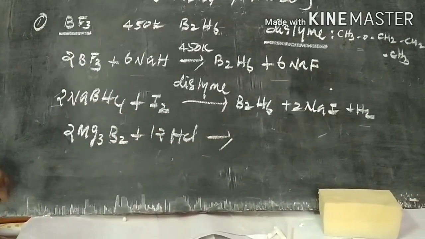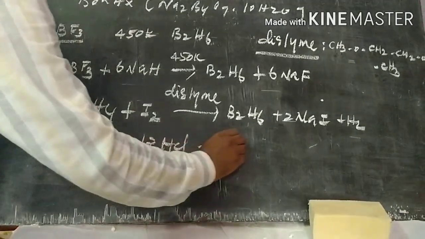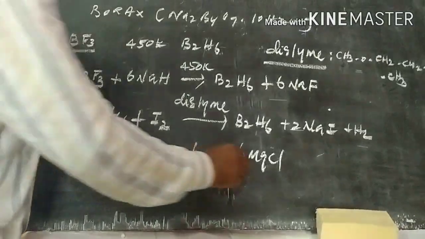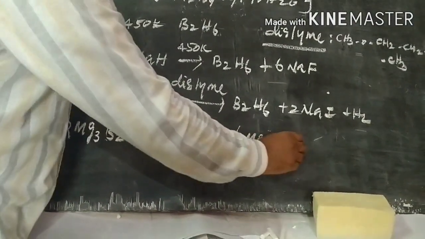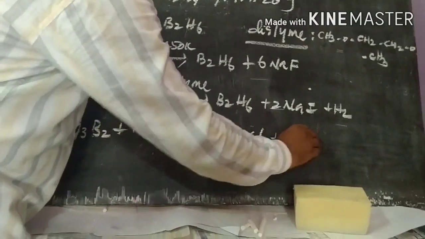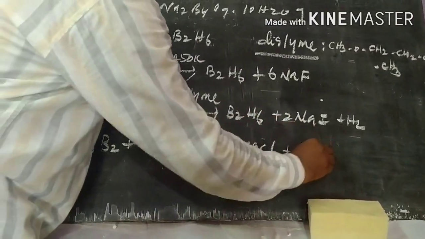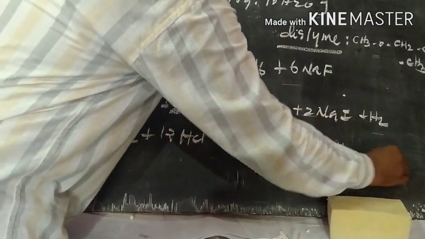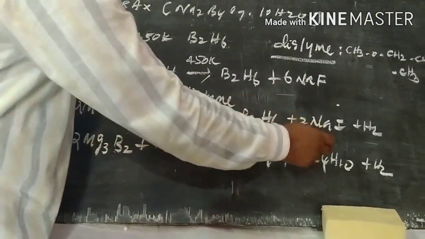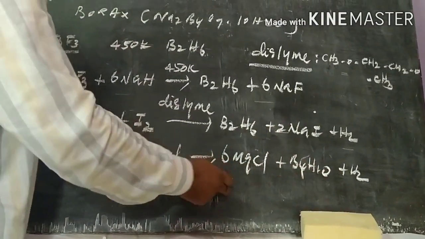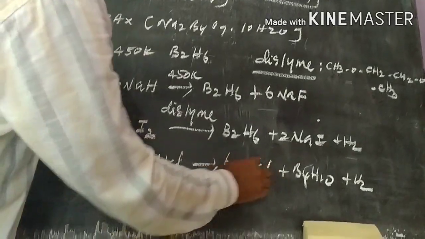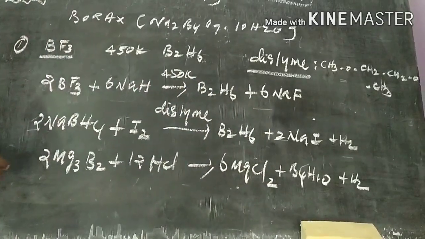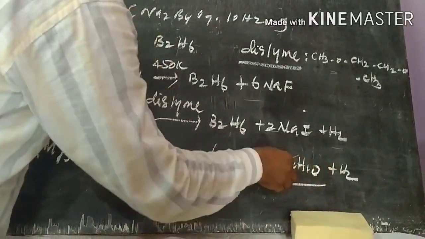It gives 6 moles of MgCl2, magnesium chloride, plus B4H10 plus H2. That is tetraborane.